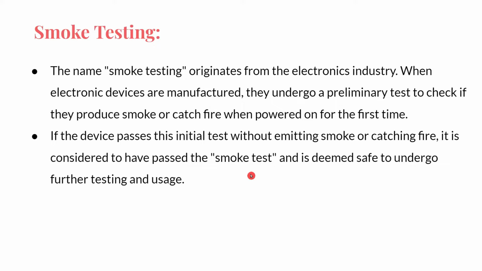Then you can do the next set of tests to understand whether that application fits the market requirement or not. So first thing you do is you plug in and turn it on and see whether it is getting some fire or not. That means there is something wrong. So this is called smoke testing, and it is deemed safe to undergo further testing. Once it passes the smoke testing, then the product will go for further testing.